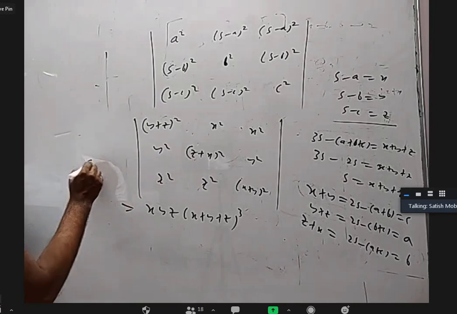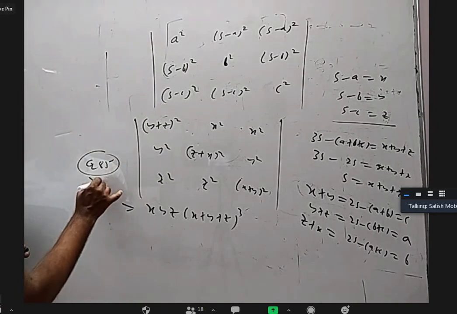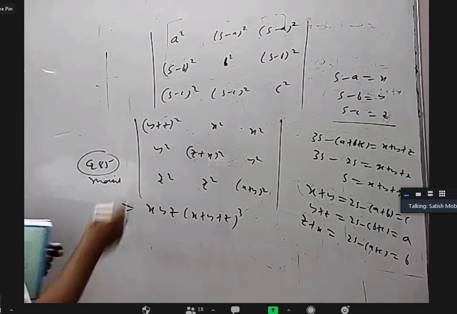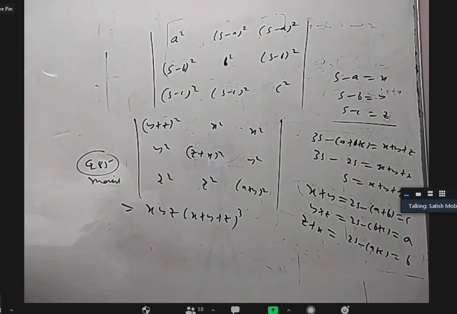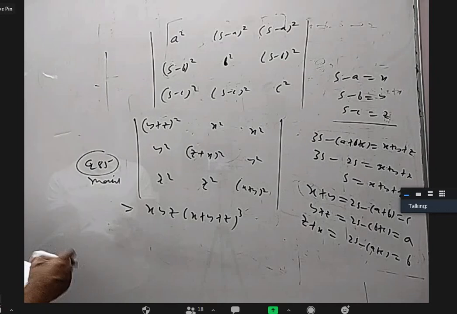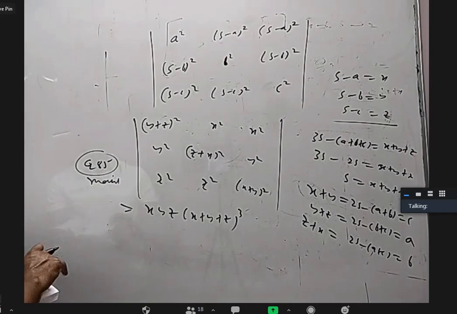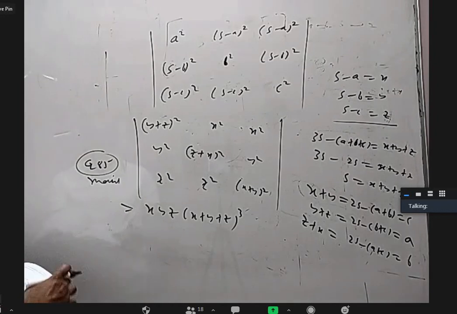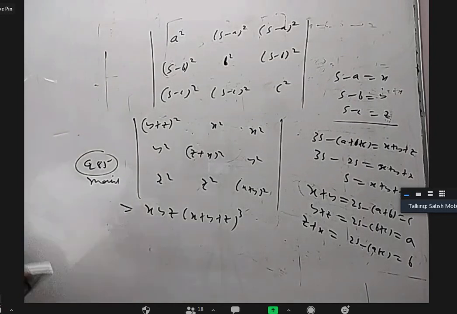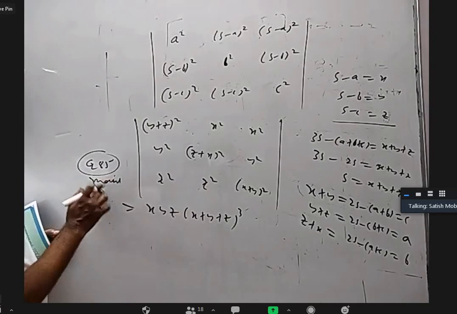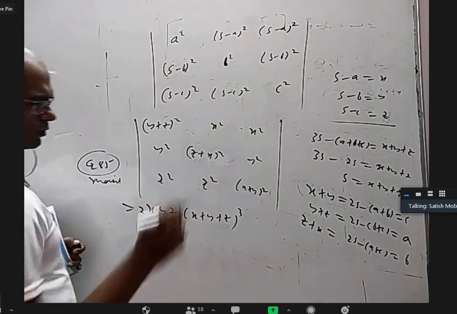Based on question number 85 in mains, this is 2abc into a plus b plus c whole cube. Based on 85 in mains, it is 2xyz into x plus y plus z whole cube.